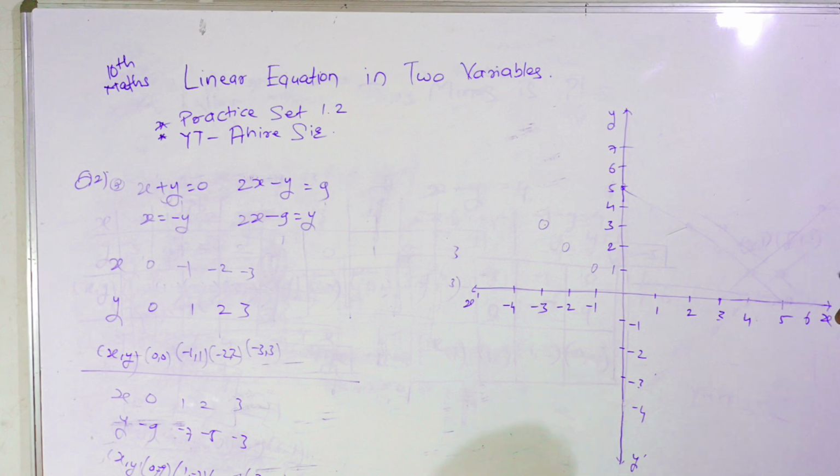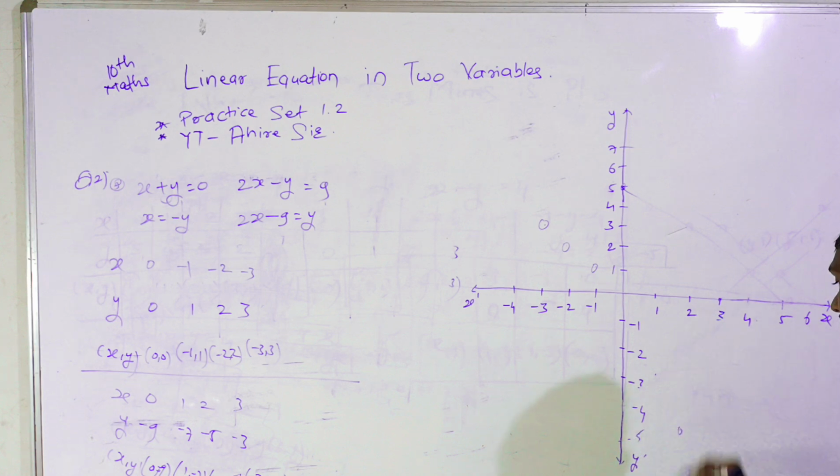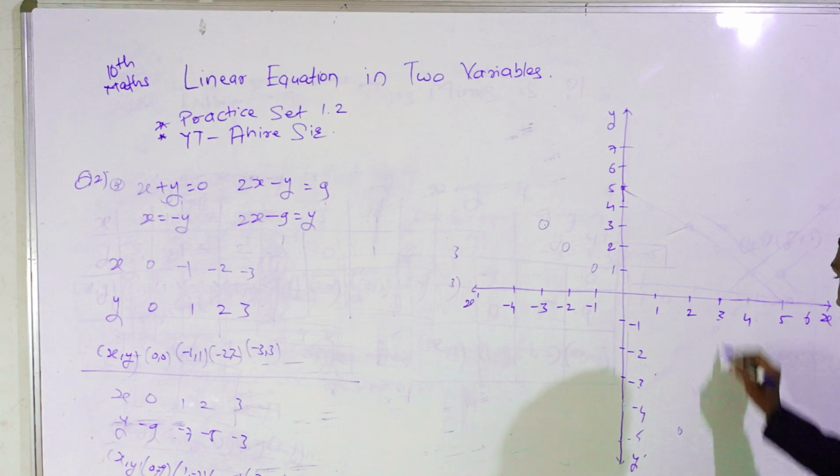Let's skip it. 1, minus 7, not there. 2, minus 5, sorry, 2, minus 5, there. 3, minus 3, 3, minus 3.